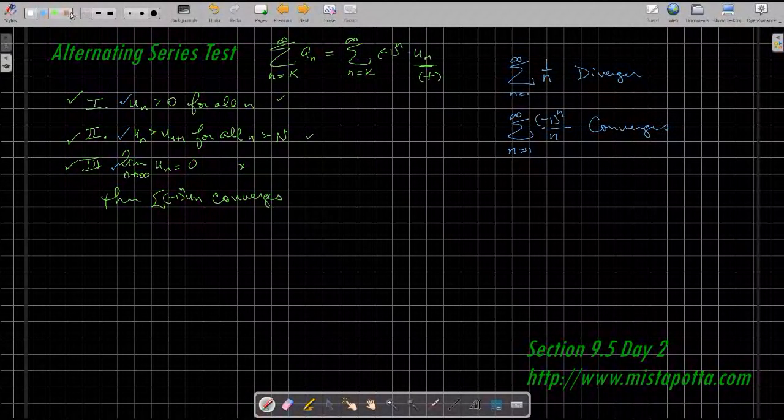So I could have a series like the sum from n equals 1 to infinity of 1 over radical n. And this diverges because of the p-test. But as soon as I make this an alternating series, as n goes from 1 to infinity, as soon as this is alternating, now we converge.